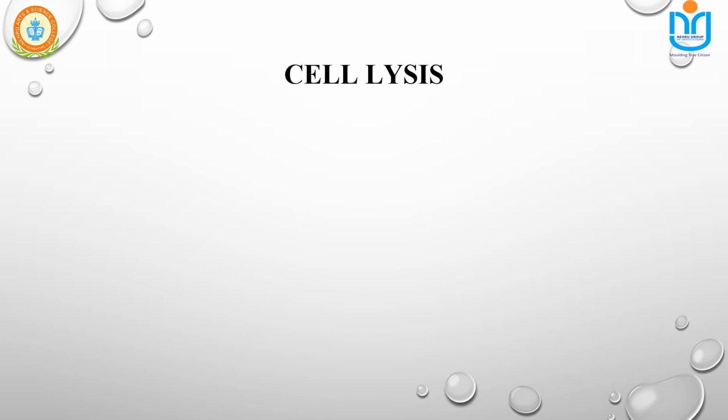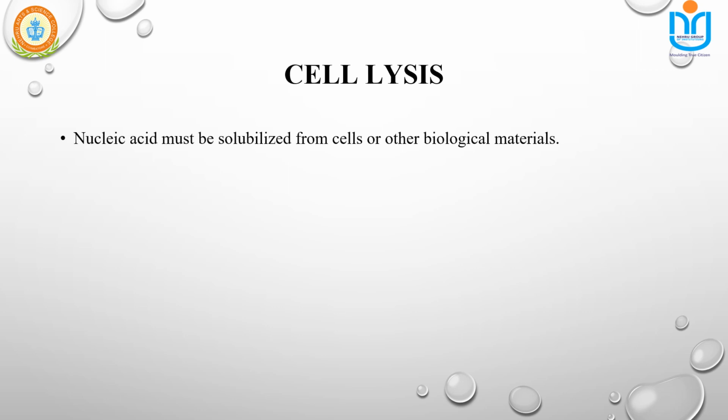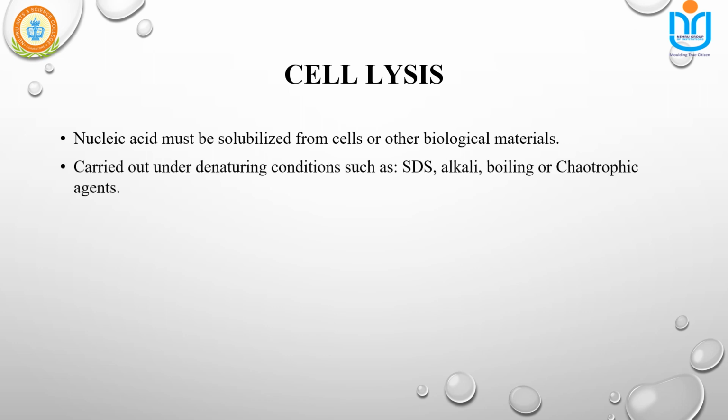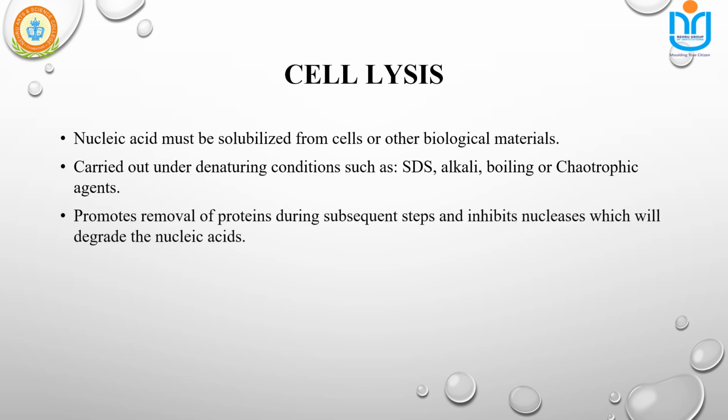Cell lysis. Nucleic acid must be solubilized from cells or other biological materials. This is carried out under denaturing conditions such as in the presence of SDS, alkali, or boiling or chaotropic agents. It promotes removal of proteins during subsequent steps and inhibits nucleases which will degrade the nucleic acids.